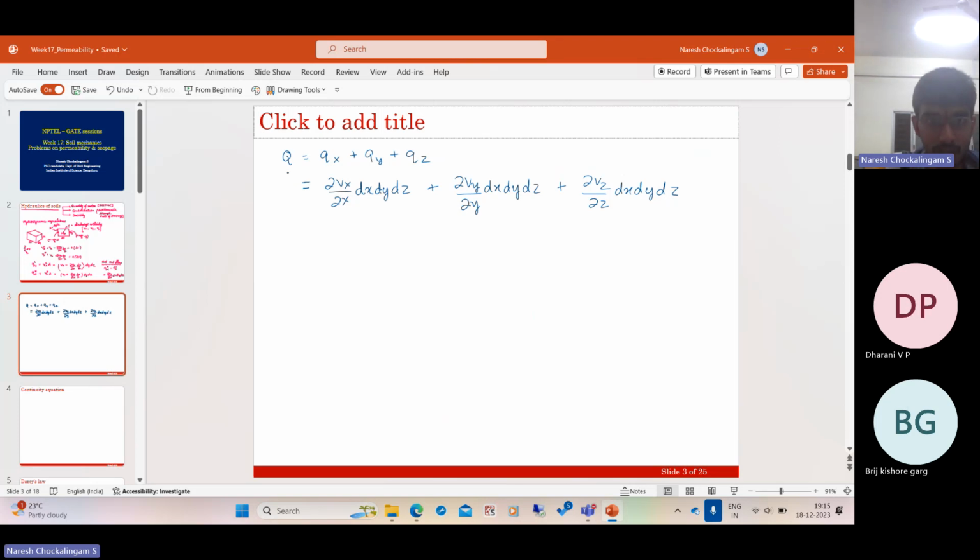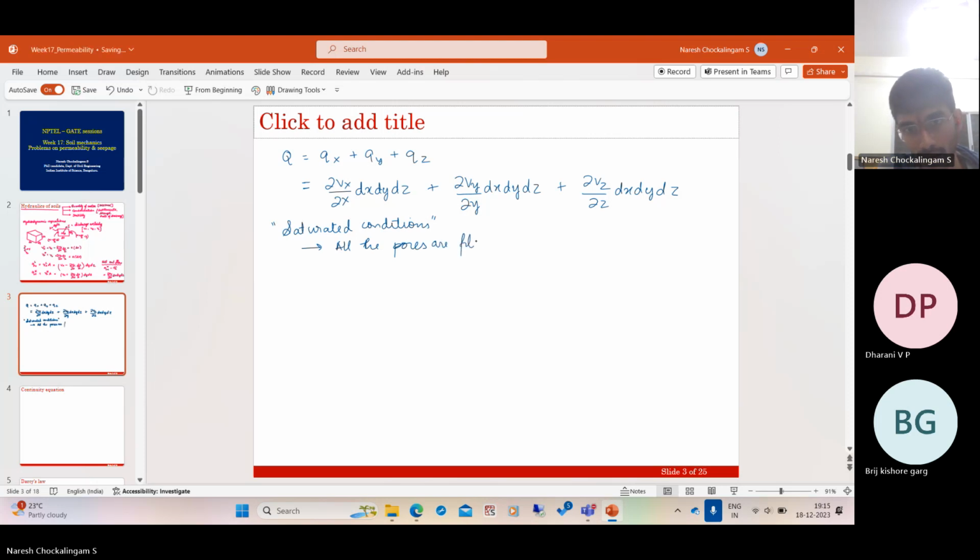So if so much water is going out, it means the amount of water inside that cube has to decrease by the same magnitude. So what is the volume of water? We assume that the soil is in saturated conditions. So if the soil is saturated, what does it mean? All the pores are filled with water. There is no air.